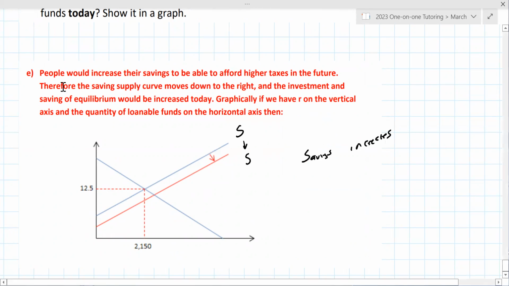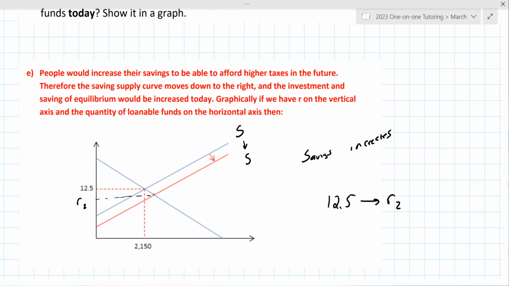That would also cause the rate to go down. Okay, oh, that makes sense, because then you're moving it back basically to where it is.